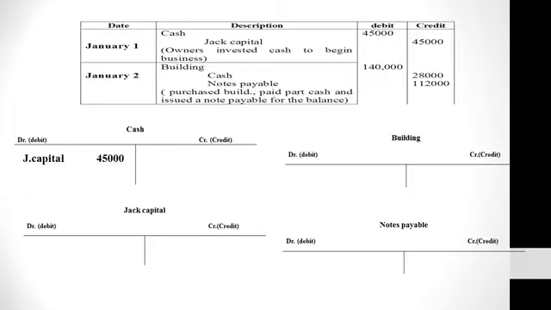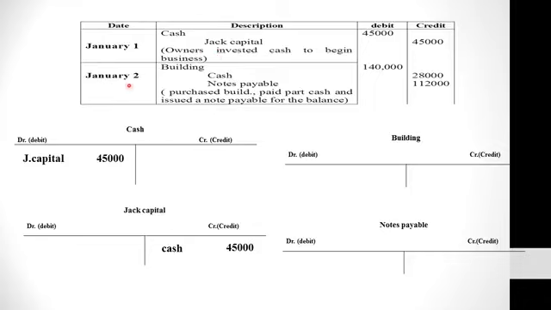Then move to capital. Capital is in the credit side with 45,000. Here is the account for capital. Within the credit side, we're going to place 45,000, and we write beside it as an explanation the opposite account for capital within the entry, which is cash, like this. So by this we have posted the first journal entry to the ledger.